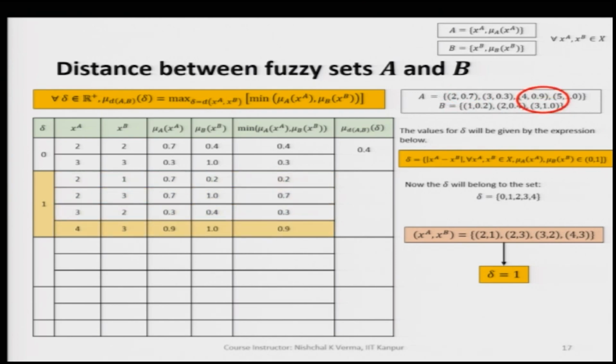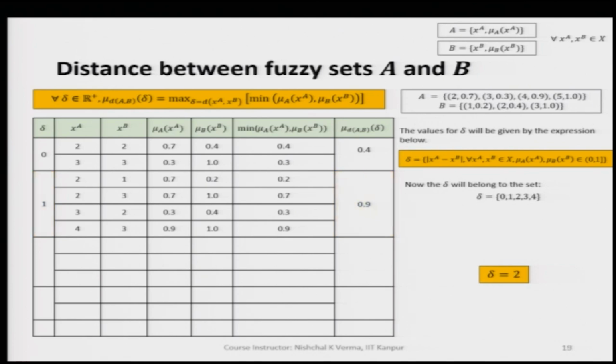Now, for delta equal to 1, we get the mean values as listed here, and when we take the max of these, we get 0.9. So, this is written over here.